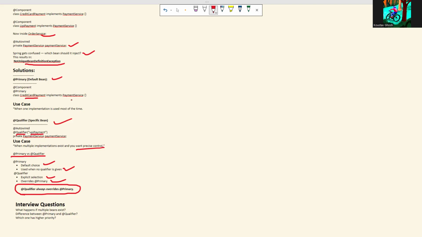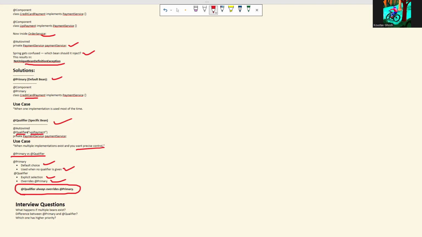But when you are using the qualifier annotation, it will know that that specific bean is required. So when you give both the primary annotation and, at the autowired place, the qualifier, both will be there in your program, but the qualifier overrides the primary. The qualifier has high priority.